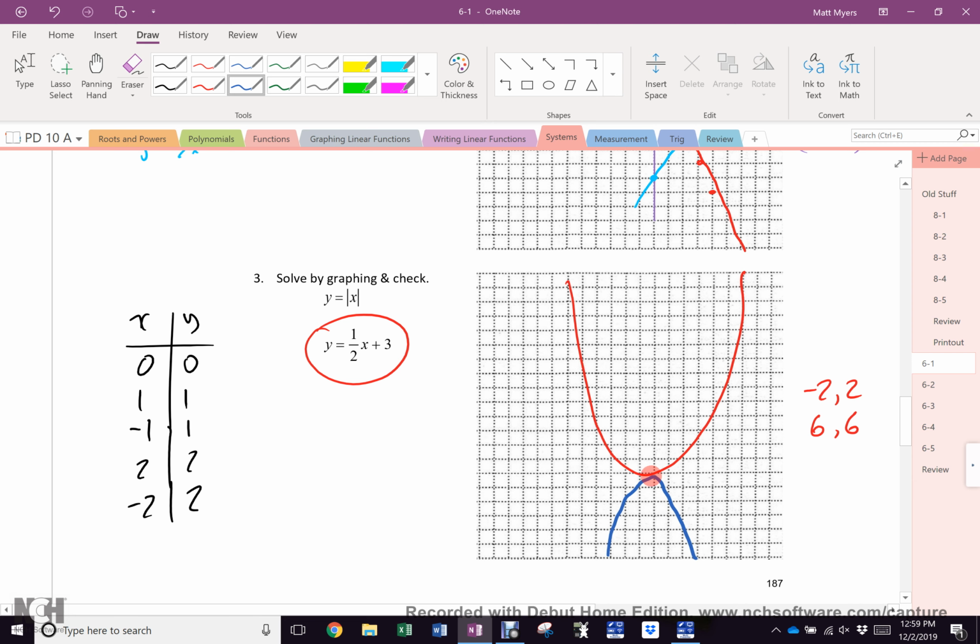They're supposed to be touching. I'm shaky. Leave me alone, Connor. How many solutions does that system have? 4. Does everybody understand? As long as the lines cross, they have a solution.